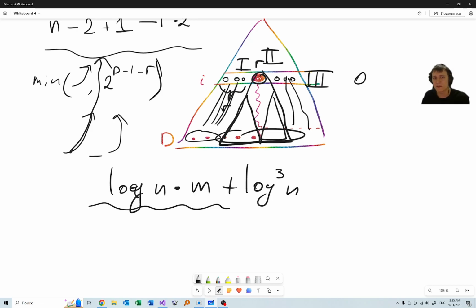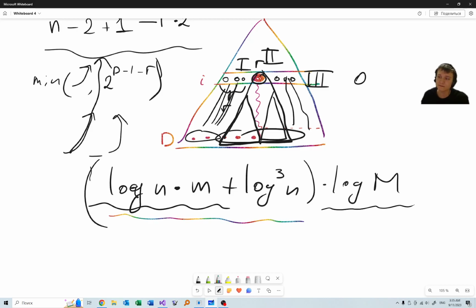And maybe all this is multiplied by log m. I don't know, because I also made some modular operations modulo m. Actually, it is not needed, but just in case. Maybe we need some inverses, although we didn't need to do any inverses. So just this. Again, if you need the implementation, look into the screencast. Bye.